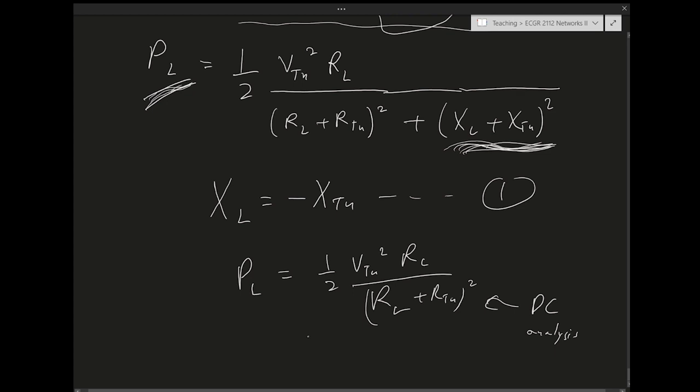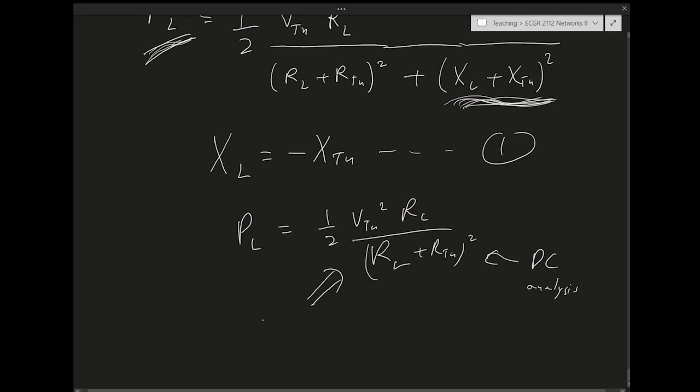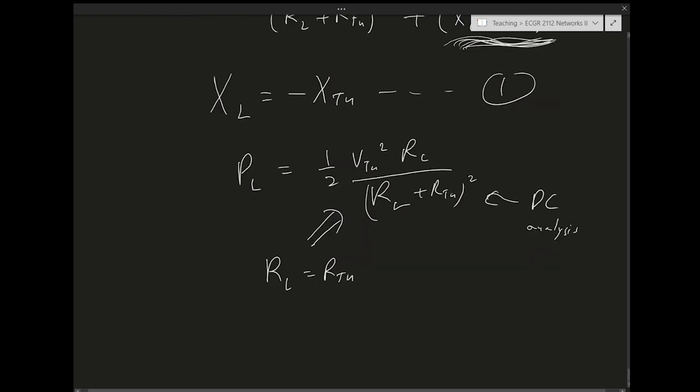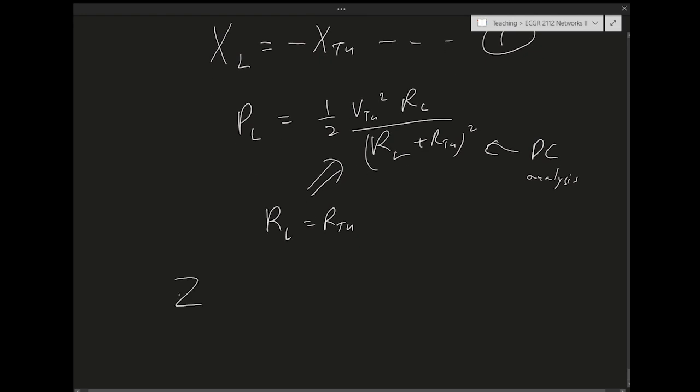We know that the maximum power transfer from last semester is going to occur when RL equals R Thevenin, right? So this is the condition for maximum power transfer. ZL, which is equal to RL plus jXL, has to be equal to R Thevenin minus jX Thevenin, right?